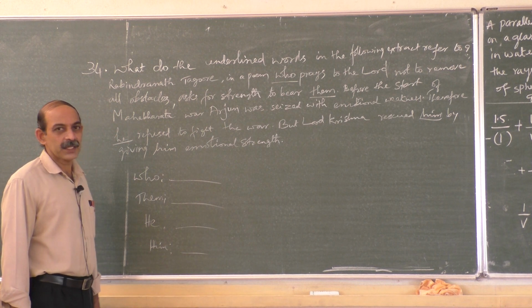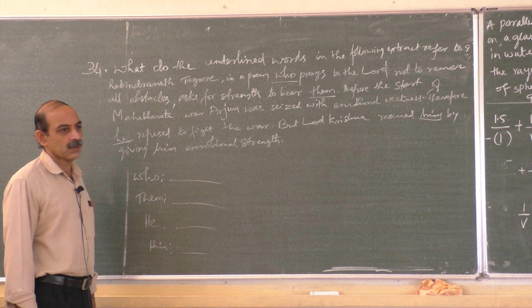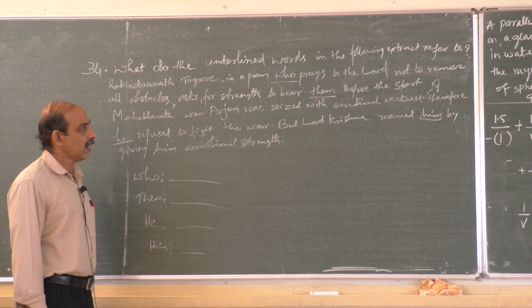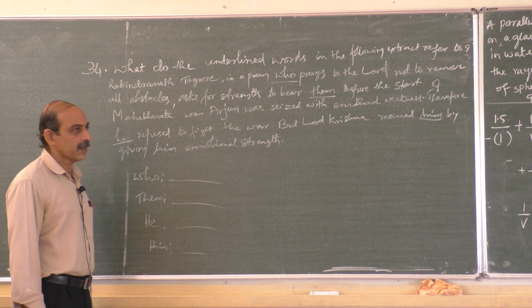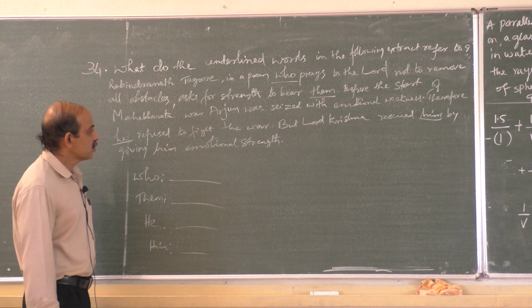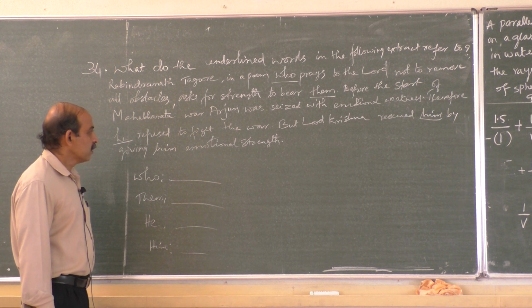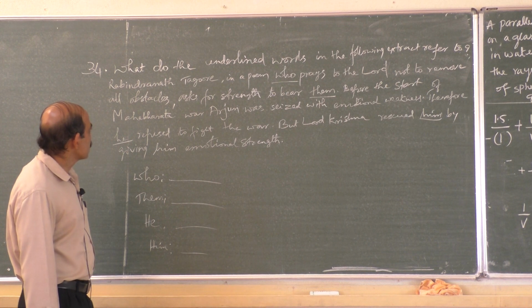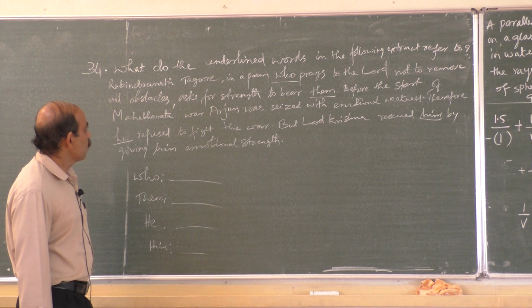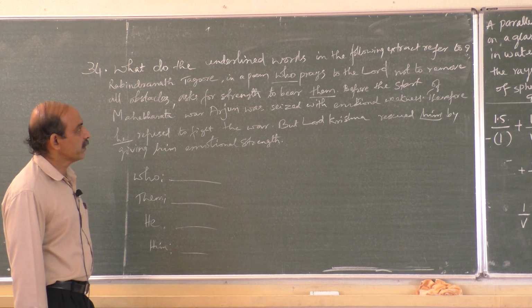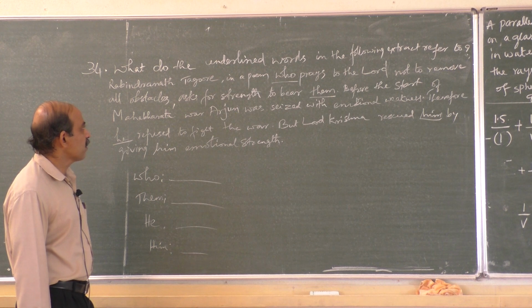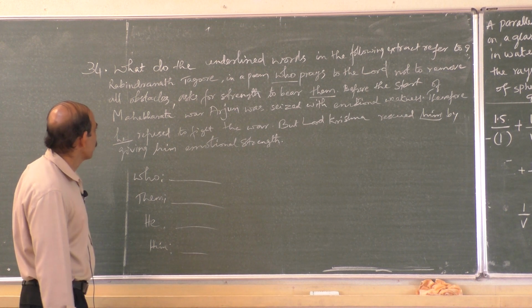But I know that there are some students who haven't undergone proper training in this area, and that is why let me go through this exercise. The question is, what do the underlined words in the following extract refer to? One example that I have written on the blackboard.